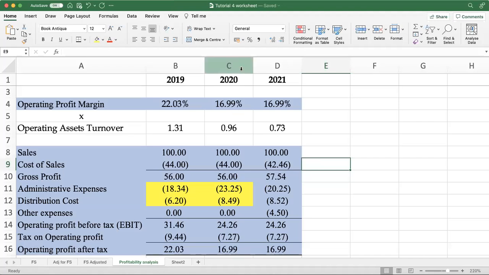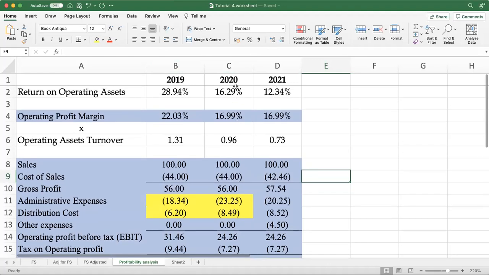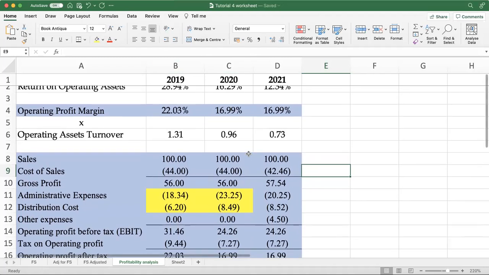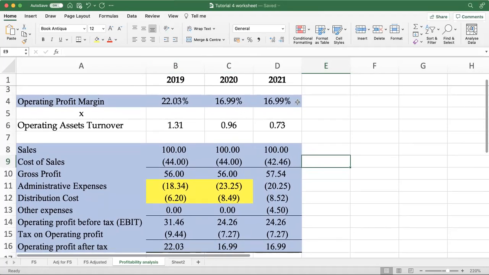Right. Then see 2020 to 21. You see operating profit margin is the same.